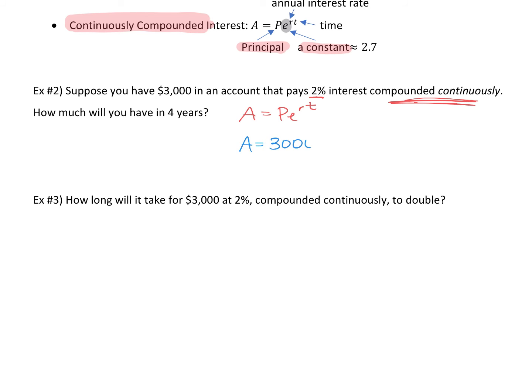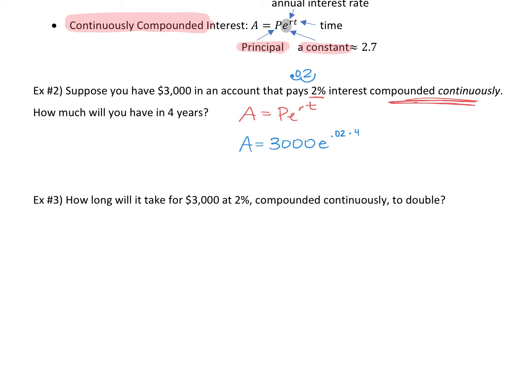So you're going to go 3,000 times e. What is R? 0.02. 2%, divide by 100, so 0.02. And then times your T. What's T? 4 years, right?